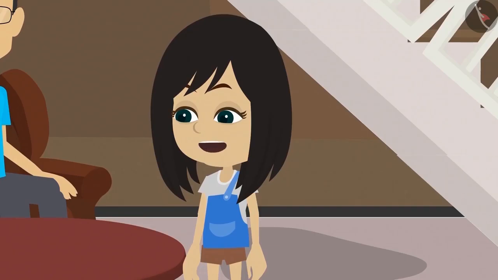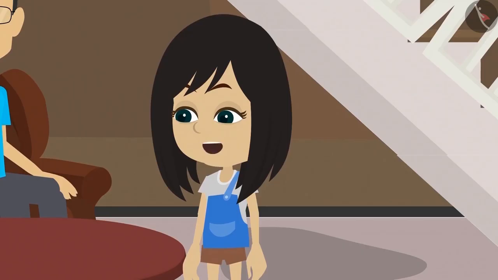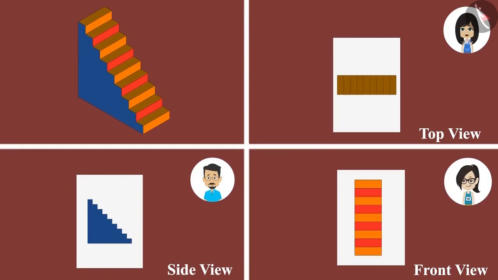But what is this 3-sided drawing called? One is called the top view, which tells us how an object will look if seen from the top. This means my drawing is a top view of the staircase, which is a brown-colored rectangle, right?